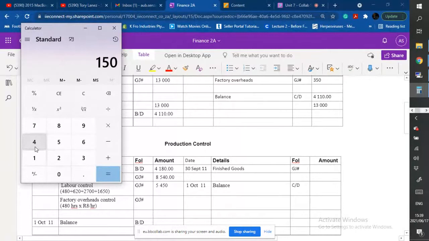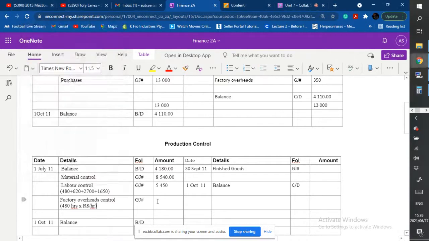So 150, that's the number of hours for Westwood, plus 220 plus 70 plus 44 Greenwood. Okay, can you see? 480. All right, and then we're saying times 8. Okay, so we're getting 3,840. Okay, all right.